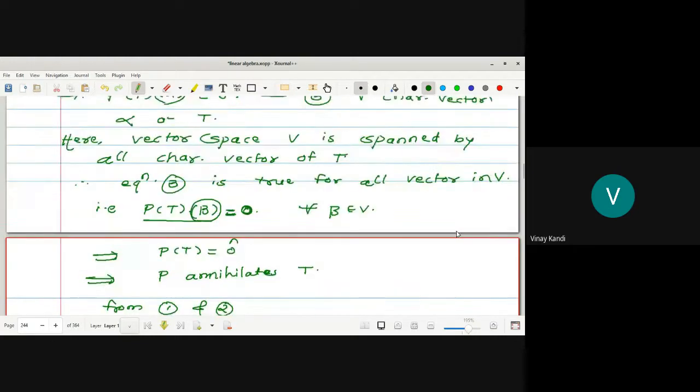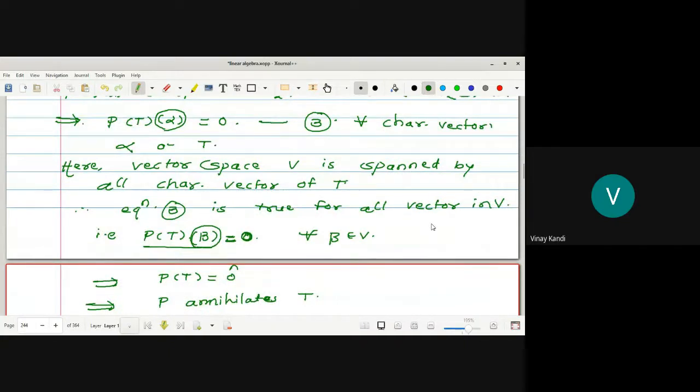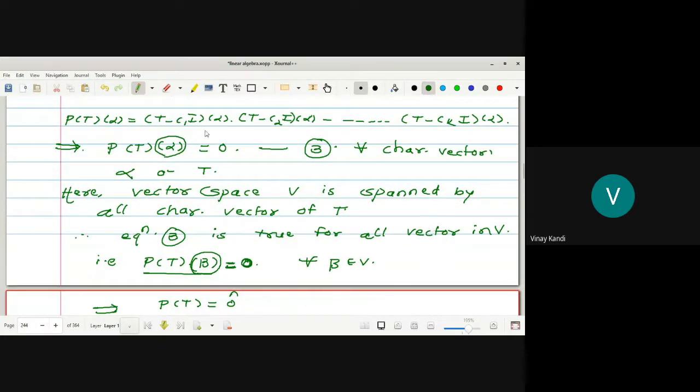Look again, what is this P of T doing? P of T on each and every characteristic vector is equal to 0.